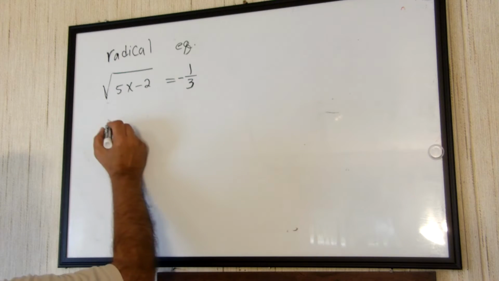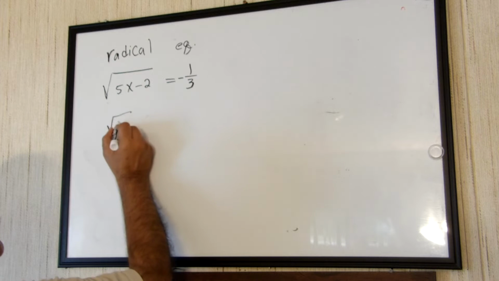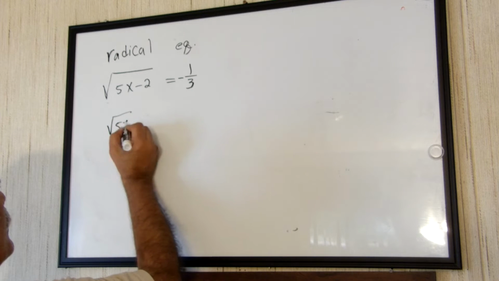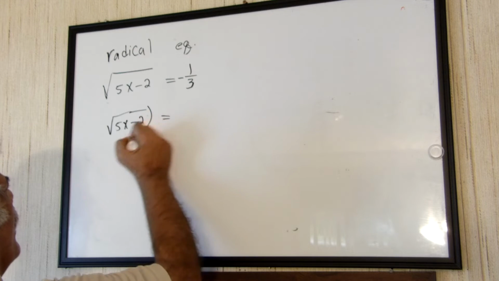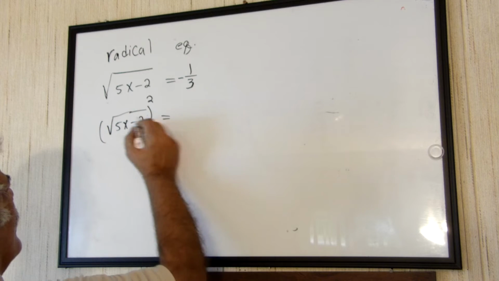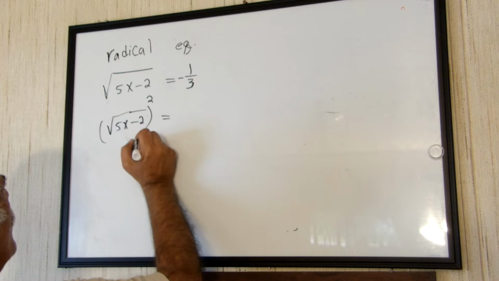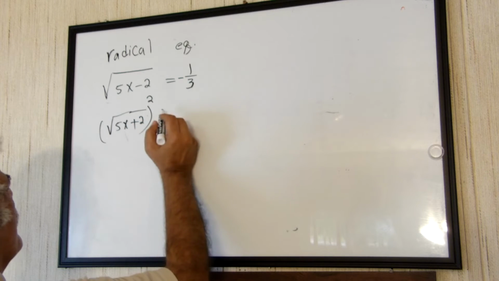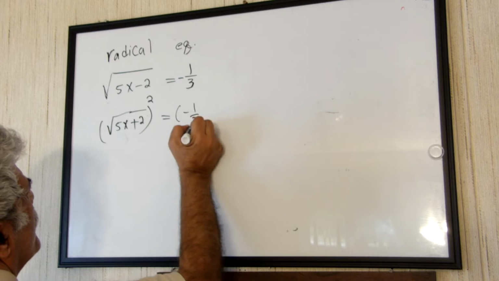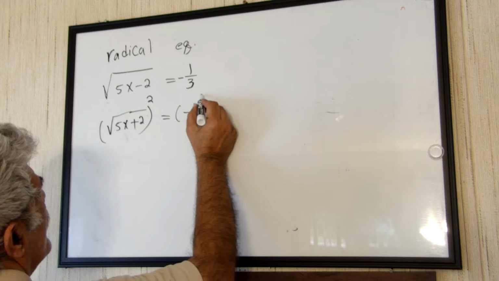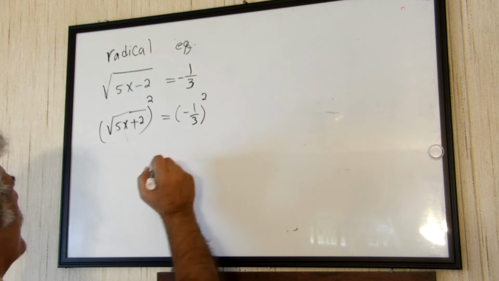So the same thing, we raise both sides to the power of 2. This one is going to be a little different from up there. And minus 1 divided by 3 is going to be squared.